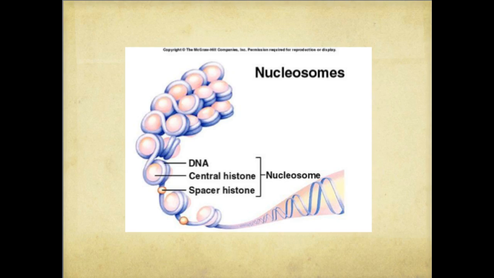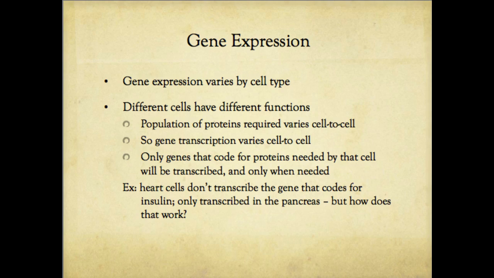The stretch of DNA between the two histone clumps is often referred to as linker DNA, and the small histone protein that sits on the linker DNA is referred to as a spacer histone. Just some more terminology for us.